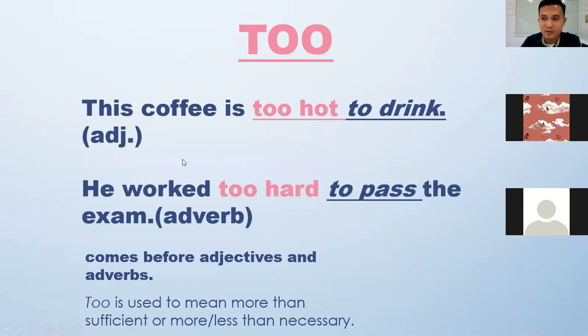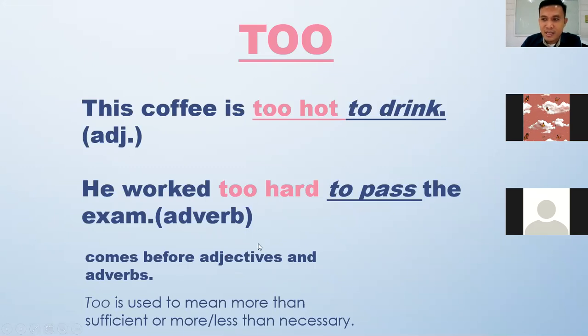So what is the conclusion from these sentences? "Too" comes before adjectives and adverbs.